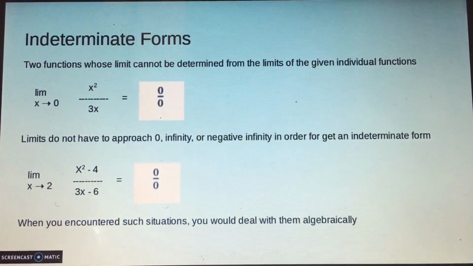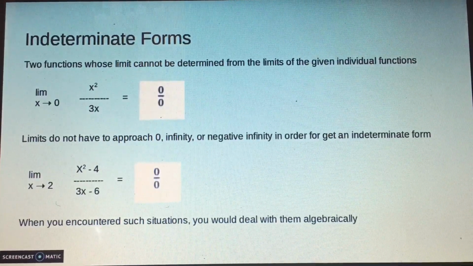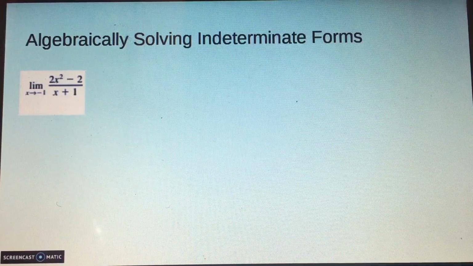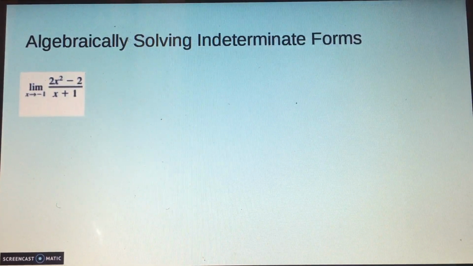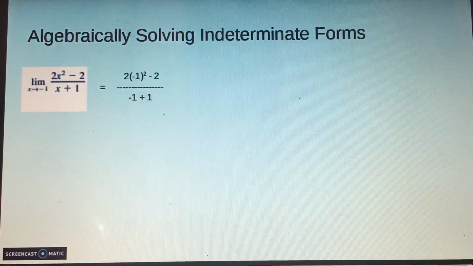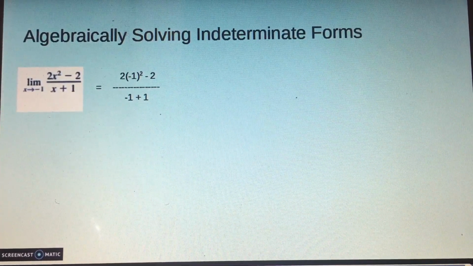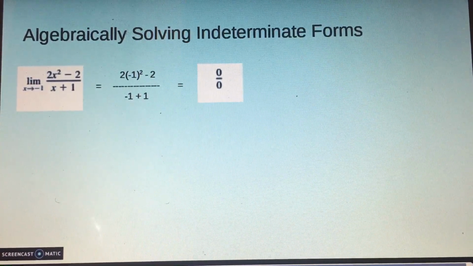When you encounter an indeterminate form, you can deal with these situations algebraically. For example, if we take the limit as x approaches negative 1 of 2x squared minus 2 all over x plus 1 and solve the limit as is, we will get 2 times negative 1 squared minus 2 all over negative 1 plus 1, giving us the indeterminate form of 0 over 0.